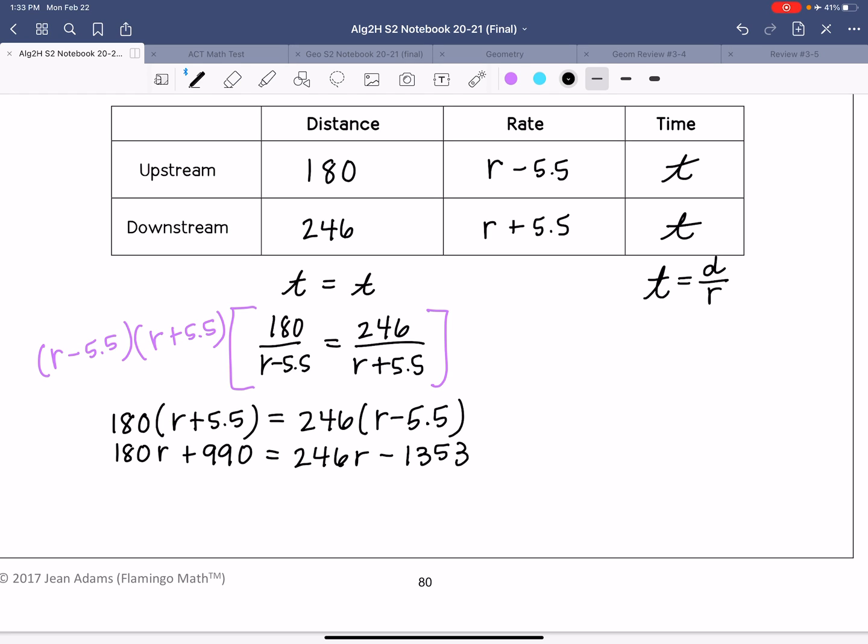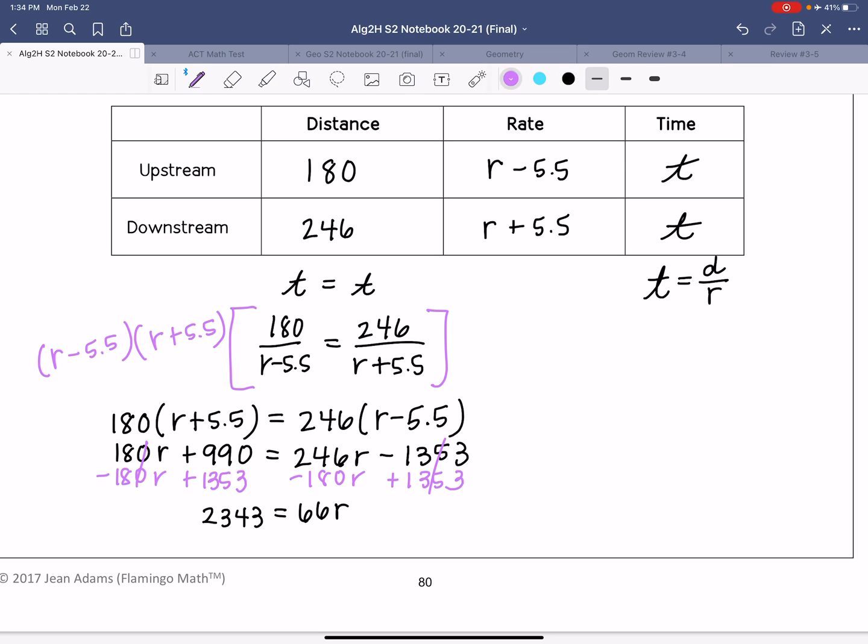We want to move our r's all to one side. I always move my smaller ones, so 180r minus 180r. And then everything else to the other side, so I'll add 1353 to both sides. So I get 2,343 equals 66r.